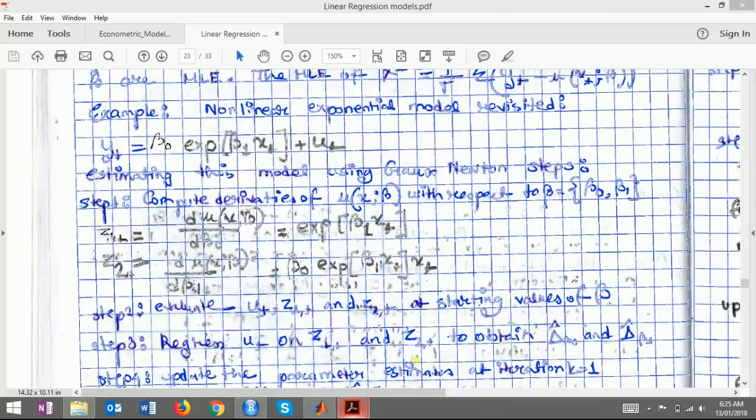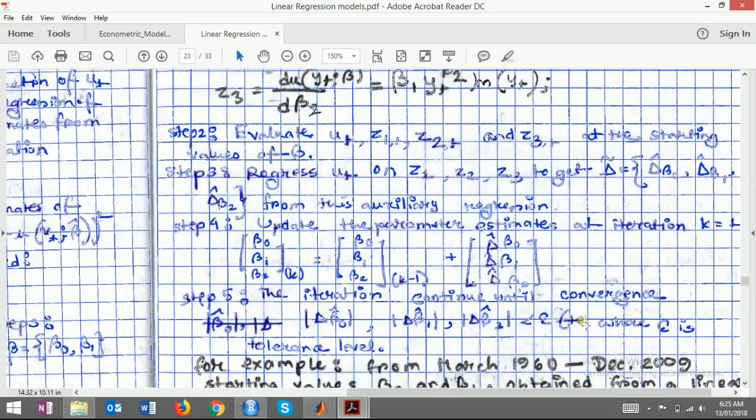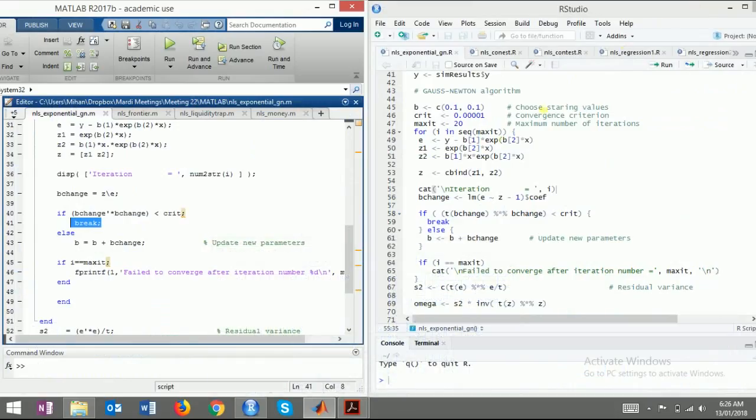So this is because here we update the parameters to estimate, iteration k equals 1. See, this is the change and this is B, right? Elements in B, elements in B change. This will continue up until convergence, right? This we want it to continue up until convergence is achieved.